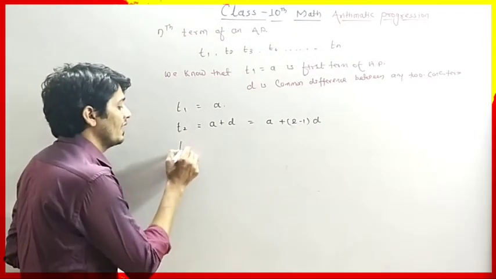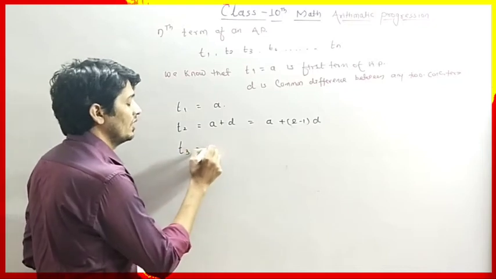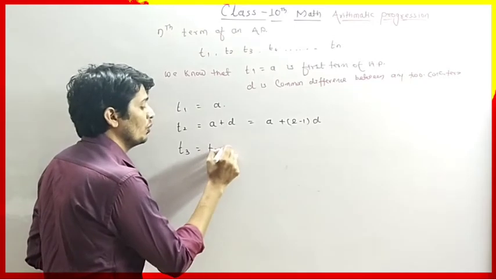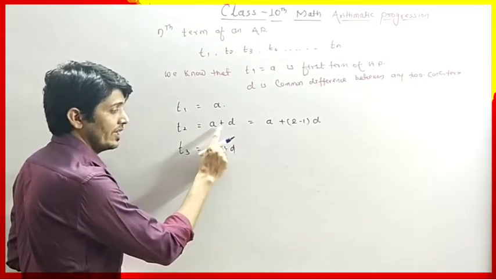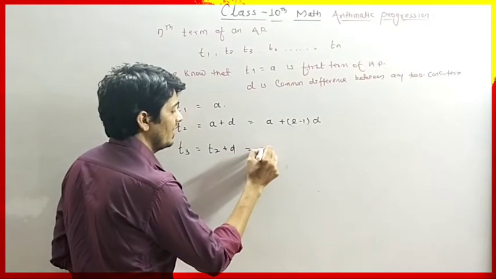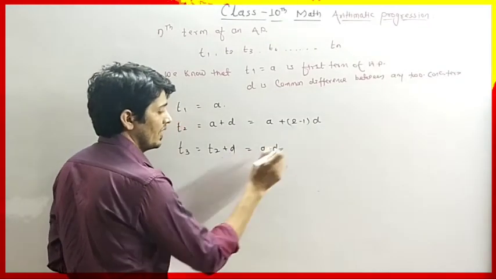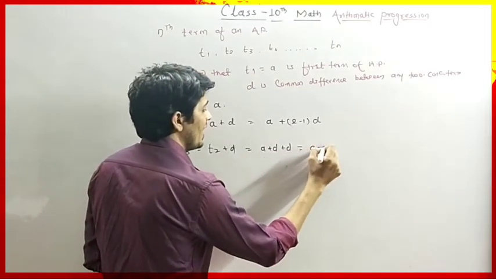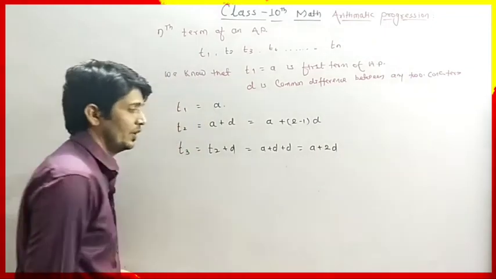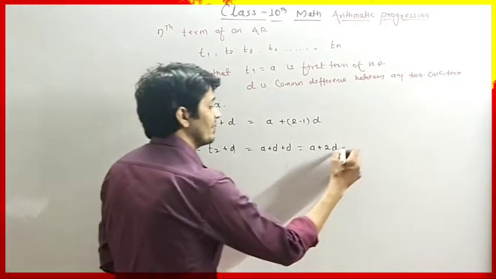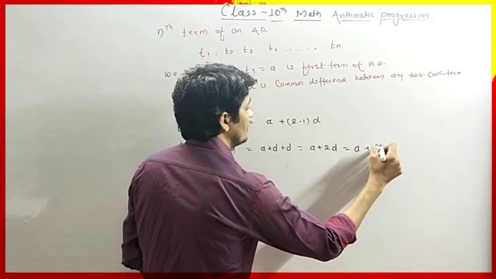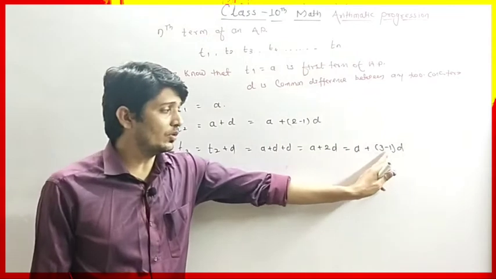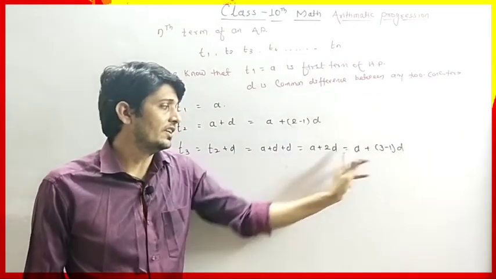If we derive the third term, the third term will be t2 plus d. What is t2? t2 is a plus d. So a plus 2d is our third term, and we can write 2d as a plus 3 minus 1 into d, because 3 minus 1 is 2 and 2d is 2d.